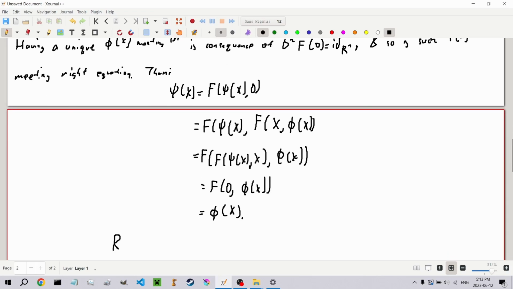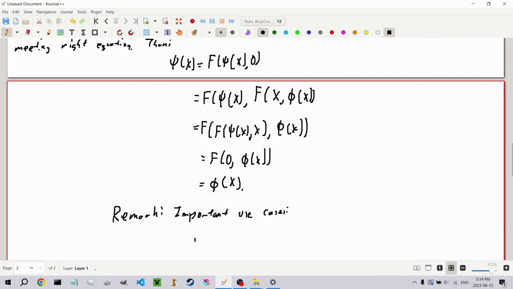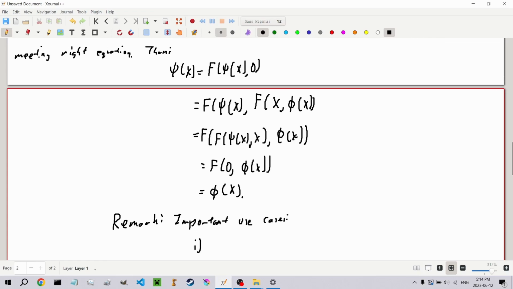Now, as always, there is the ever-present question of who cares. So, let's look at some important use cases. First off, we have R being equal to K, where K is a complete field.